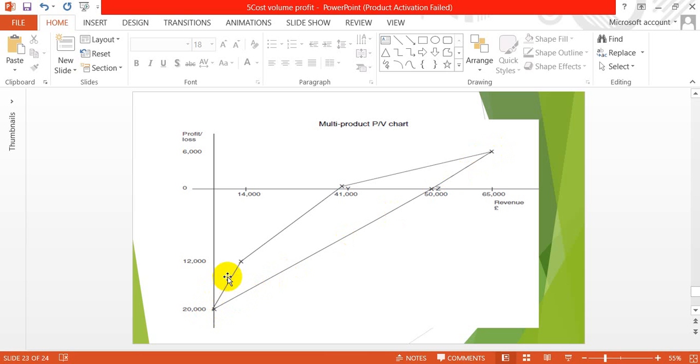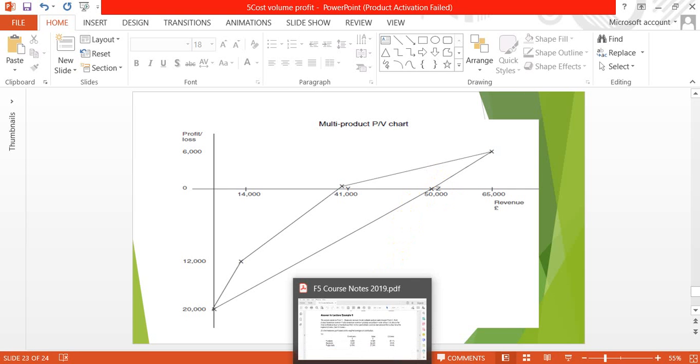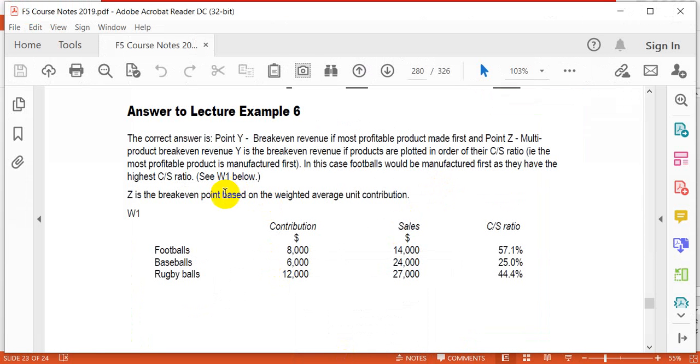So initially you connect the different products and then you draw from the first point to the last point of the product. So that is the 50,000 there on the Z, a break-even point based on the weighted average unit contributions.